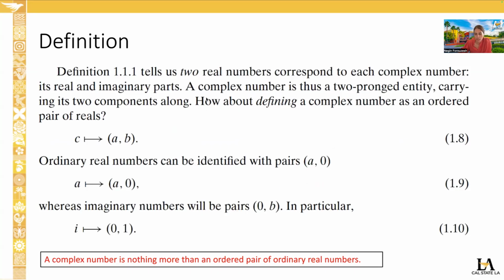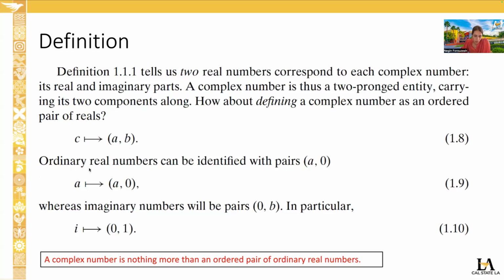Another way of looking at complex numbers, which can make our life much easier, is that a complex number is basically a pair of two real numbers, right? So in this case, we are getting rid of that imaginary part I, and we are only storing A and B, which are the real numbers of that complex number.